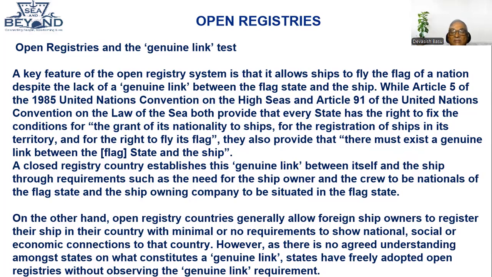However, as there is no agreed understanding among states on what constitutes a genuine link, states have freely adopted open registry without observing the genuine link requirement. So it is still very difficult to find a genuine link between the flag state and the ship or the ship owner.